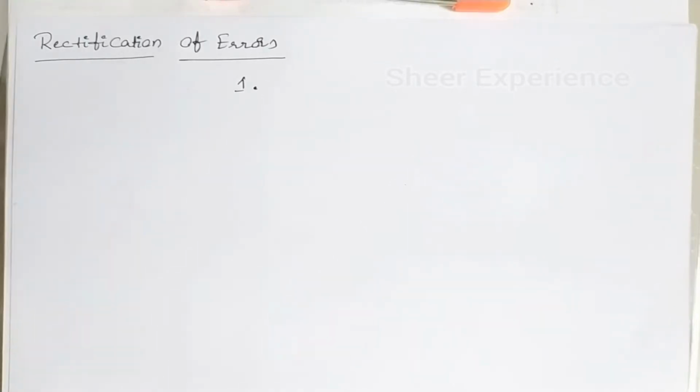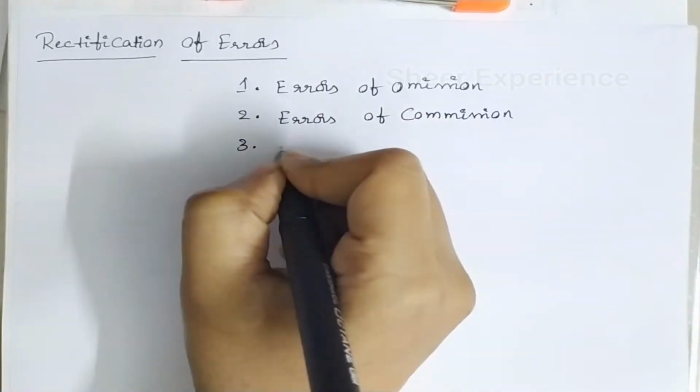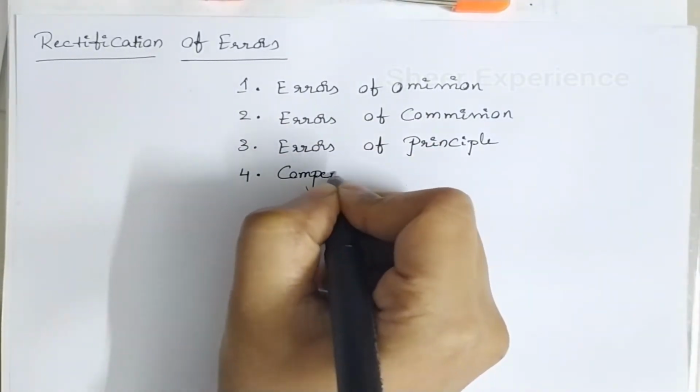In this video, we are going to learn about rectification of errors. Before going into the problems, let's understand the types of errors that we generally commit while recording transactions in the books of accounts. Errors are majorly classified into 4 types: errors of omission, errors of commission, errors of principle, and compensating errors.